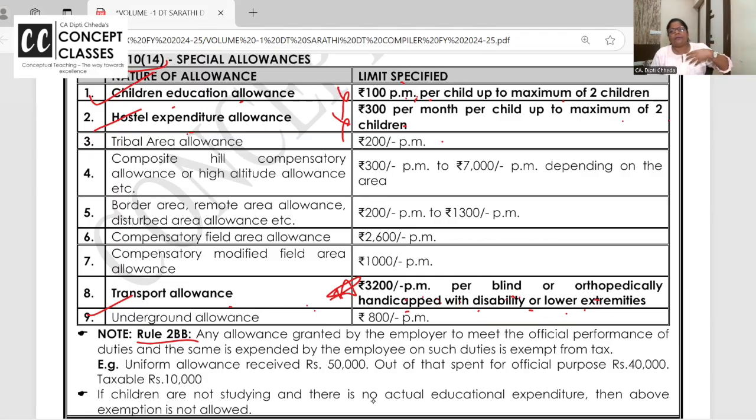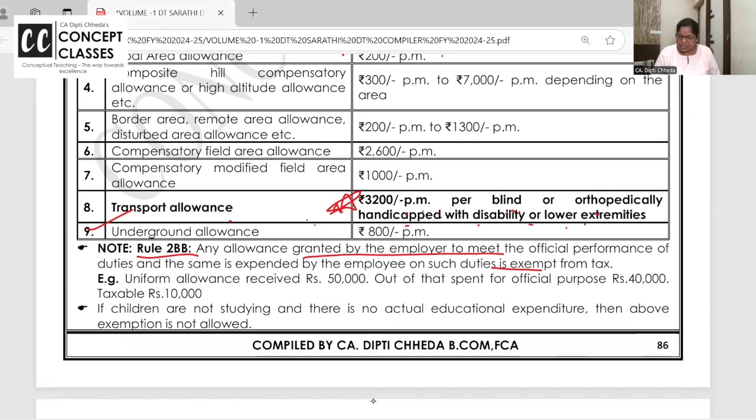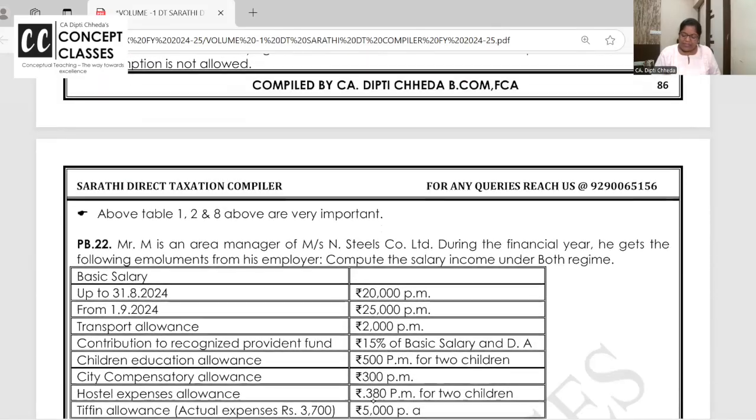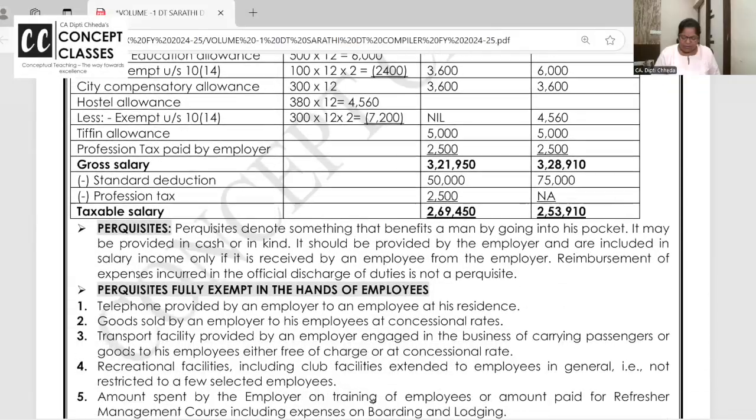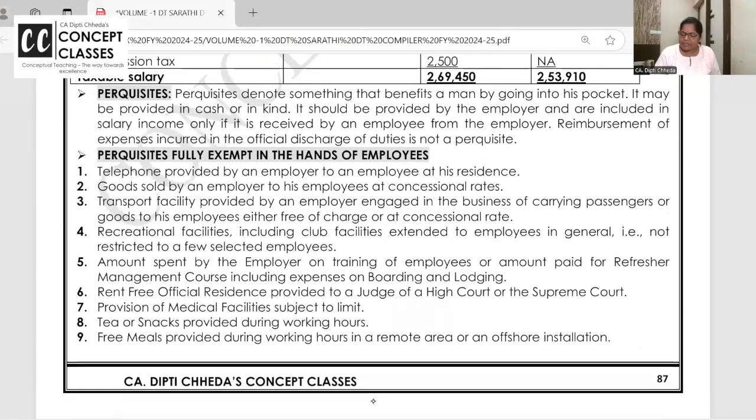Or you get a traveling allowance and you actually travel for the company. So whenever any allowances are granted and they are spent for official purposes, that part is exempt. This is a superb question for practice on all the allowances. Okay, 2 minutes. Now we are going towards perquisites.